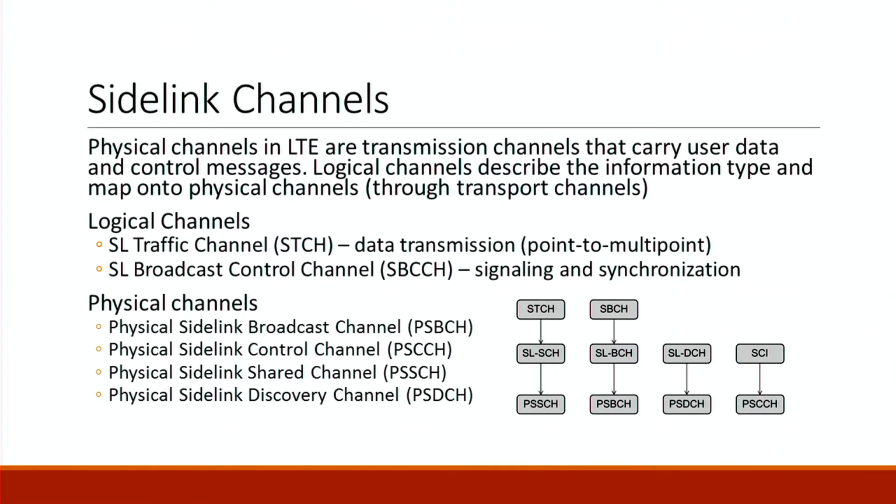So this is equivalent to the physical control channel in LTE, where you send back feedback to the user, to the UE or to the eNodeB, about what the communication was like in the opposite direction.